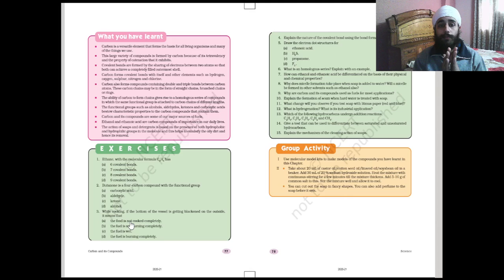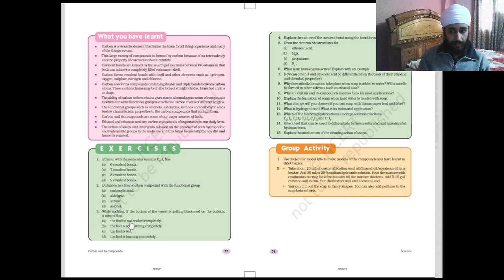Carbon may bond with itself, and can also contain a double or triple bond to make unsaturated carbon compounds. Carbon can form straight chains, branched chains, or rings, right? Carbon and its compounds are the major source of fuels.